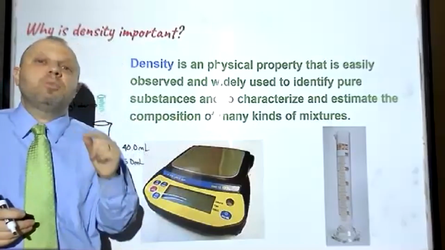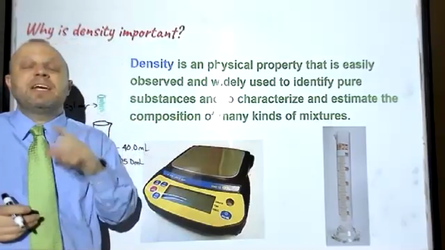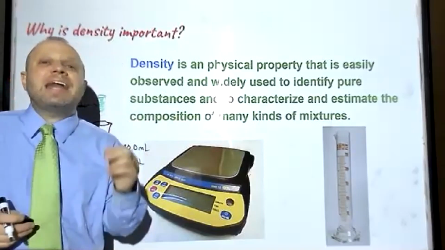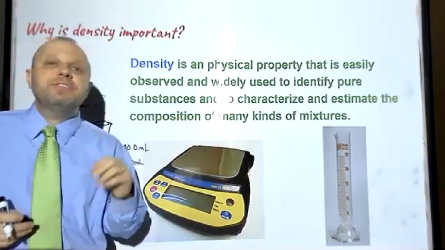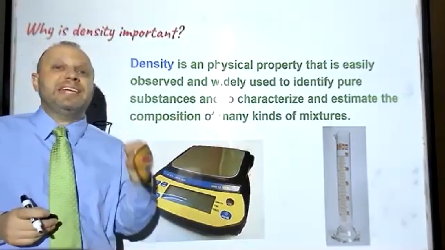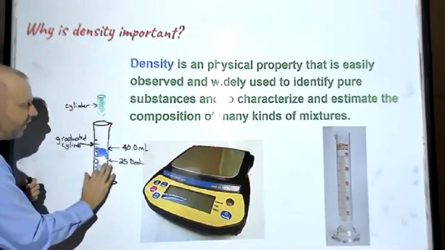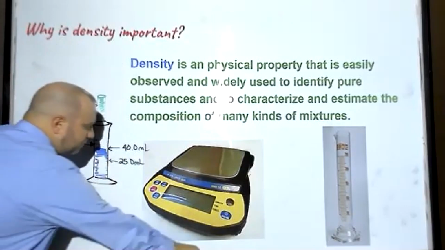The second reason why we might have to use something other than a graduated cylinder and water displacement is if that object floats. And this is actually the problem that we're going to encounter when we do the density lab. So imagine for a second, let's take this object back out.